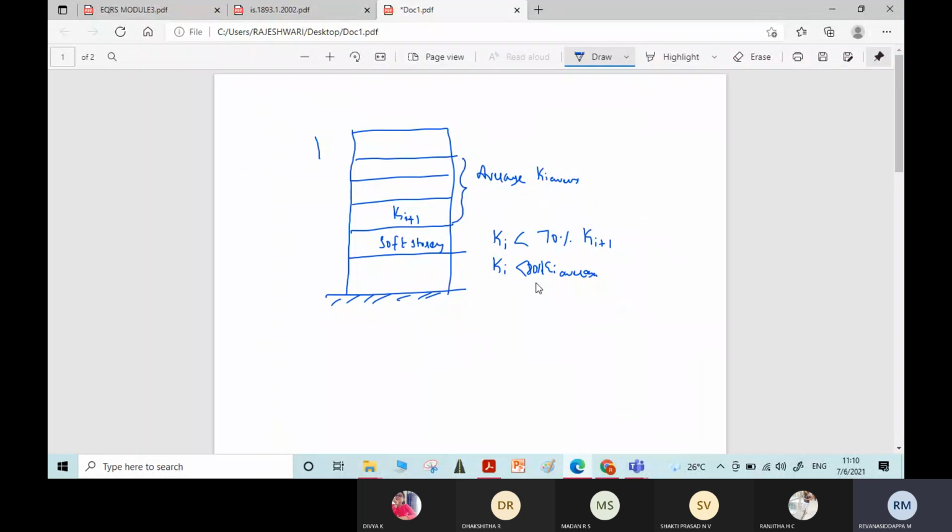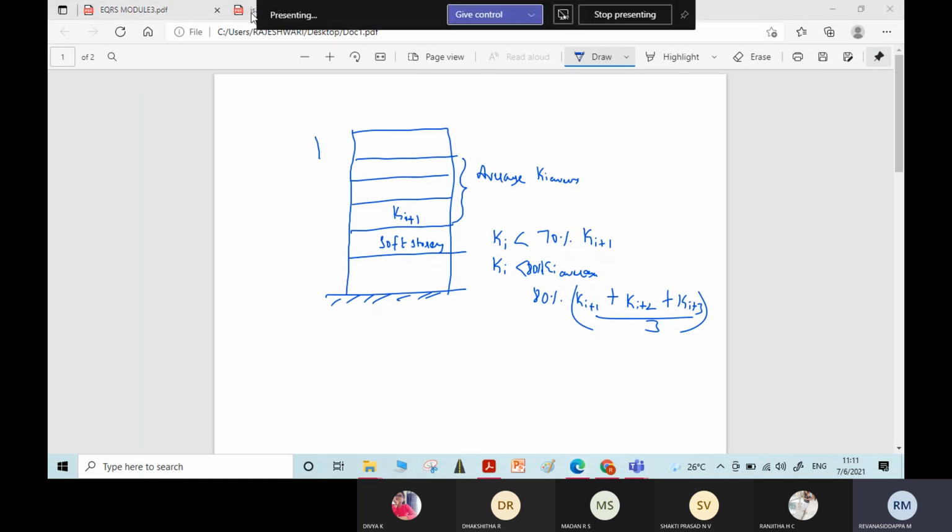If I elaborate this equation, it will be Ki plus 1 plus Ki plus 2 plus Ki plus 3, whole divided by 3. You will get the average stiffness of the top three storeys above this storey. If the stiffness of this particular storey is less than 80% of the average stiffness of the top three storeys, then also it is considered a soft storey.